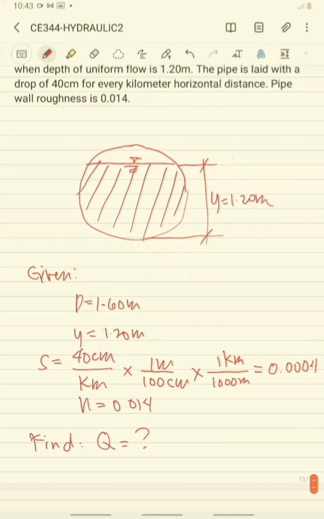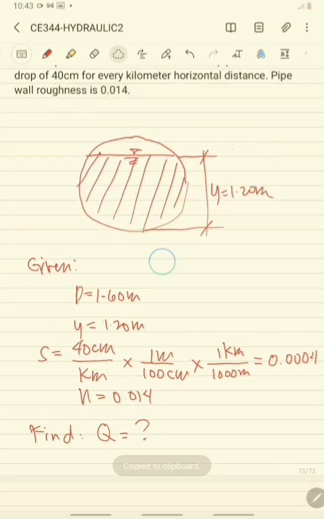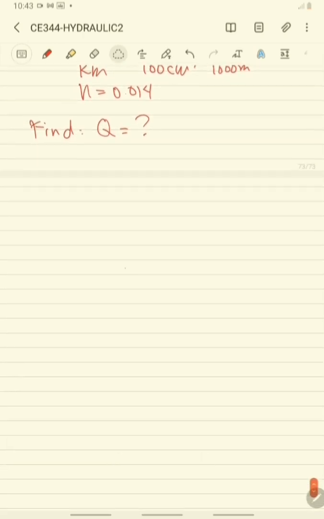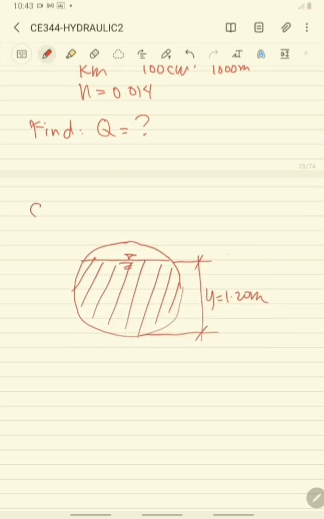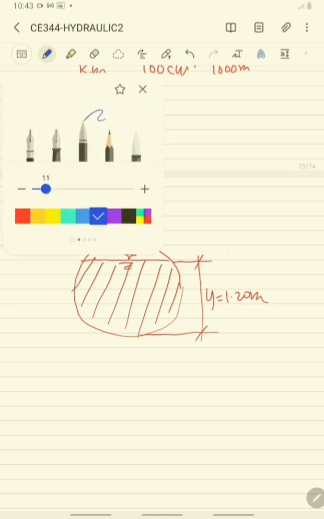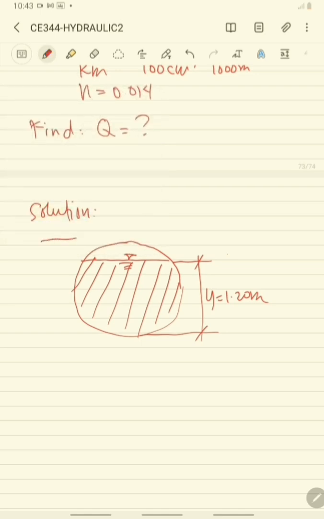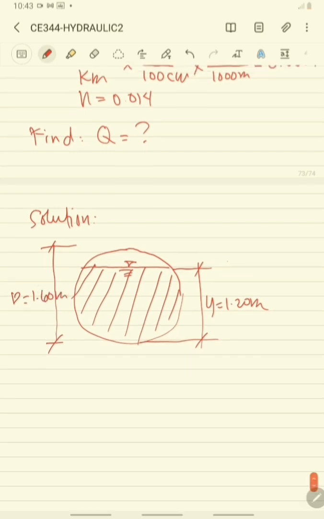Okay, so let's start to solve our problem. So I have to copy this one. So this is our solution. The diameter is 1.6 meters.